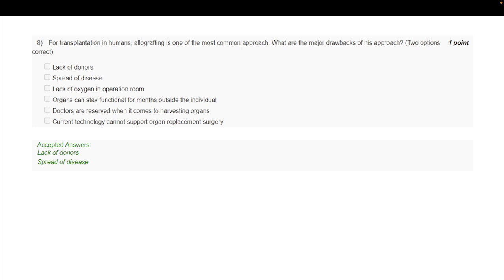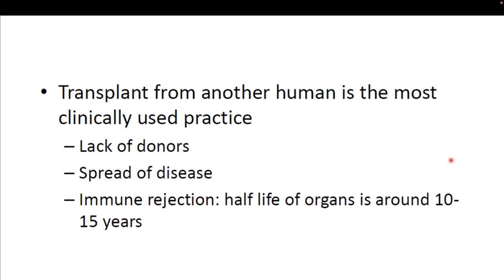It's because the major drawbacks of transplantation in humans are lack of donors and spread of disease, like we also discussed. There are more people waiting for an organ transplant compared to the donors. So the first drawback is lack of donors, and then it could spread disease if the characterization of a donated transplant is not done, or if there is very little time and the patient's life is on the line.